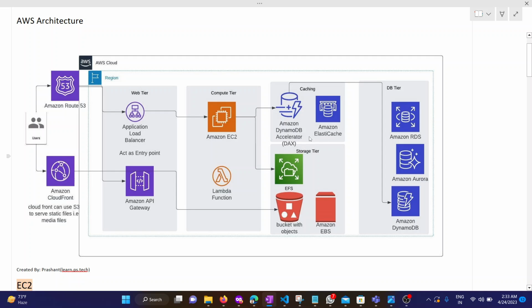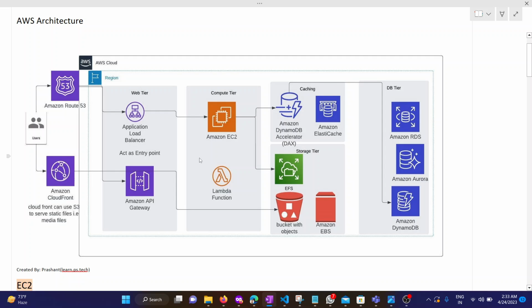These are the two tiers, and last comes the DB tier. The DB tier contains RDS, Aurora database, DynamoDB. So AWS provides different services. We are using caching to make it faster, so we can use either Amazon ElastiCache or DAX. DAX will be redirecting to DynamoDB.